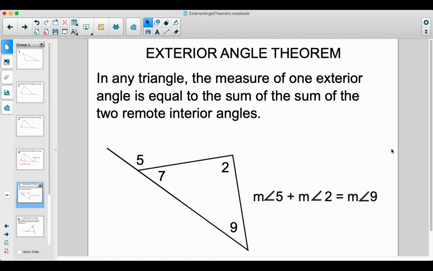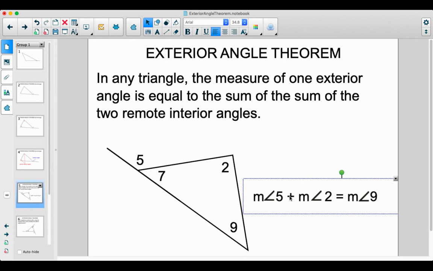Okay, so we look at this diagram. Hope you can acknowledge 5 is the exterior angle, and 2 and 9 are the interior angles. So this is incorrect, right? We'll be a little careful. We're definitely talking about 5, 2, and 9. 7's not going to do much for us.